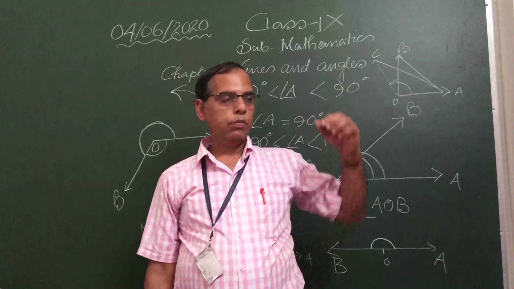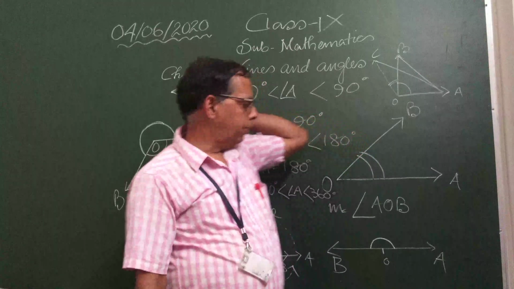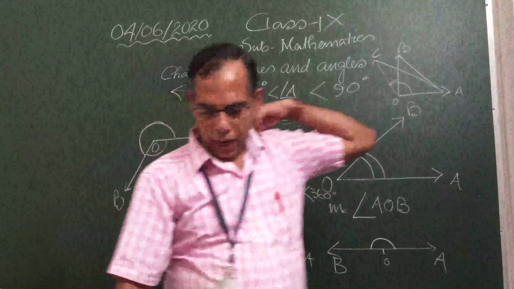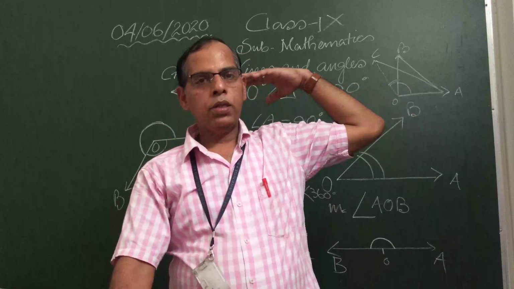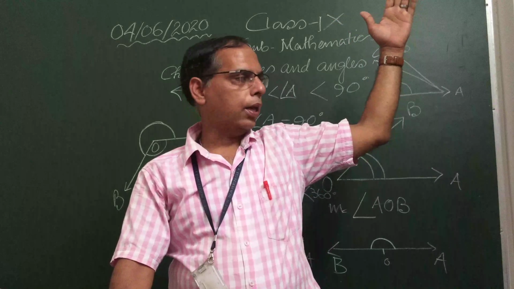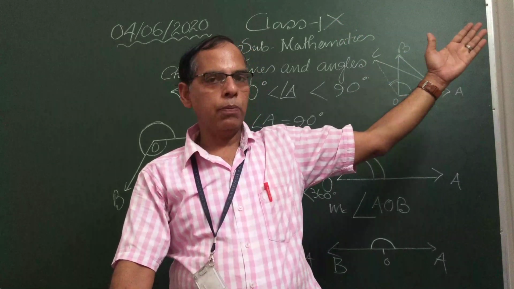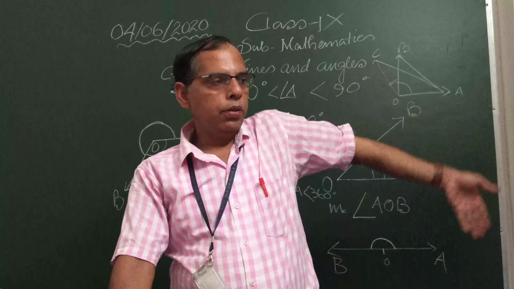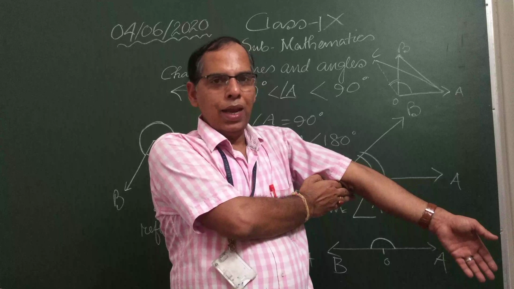Even by one hand also you can show. How? See, suppose these are the two rays, that whatever example I took. This is acute angle. This is right angle. Yes or not? This is obtuse angle. This is straight angle. That hand will not bend that way.